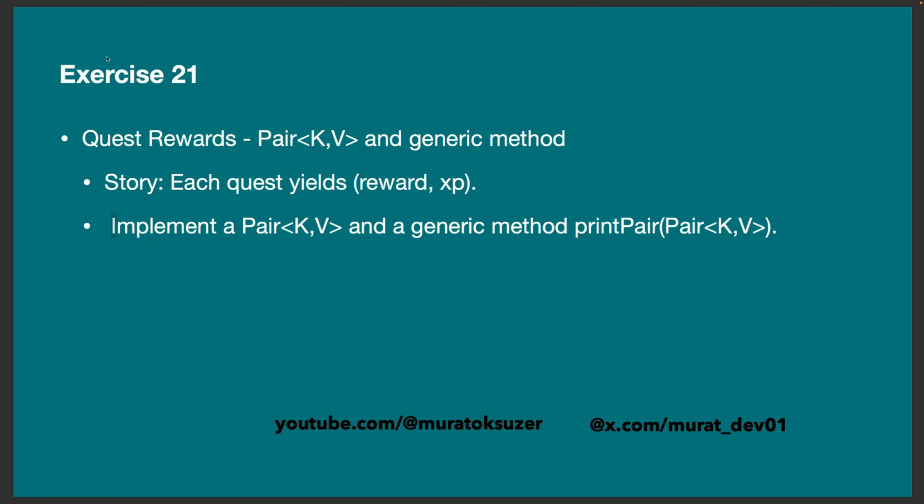Next exercise is about generics with multiple types. In this quest rewards exercise, each quest yields a reward. Implement a pair with two generic types and a generic method print pair.